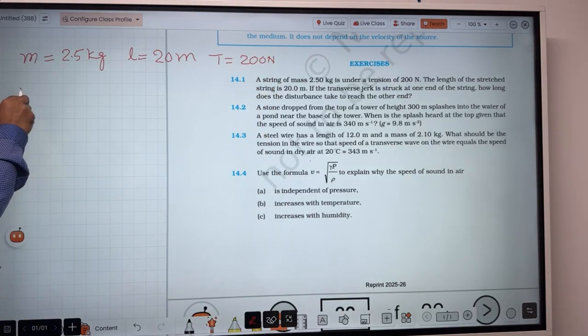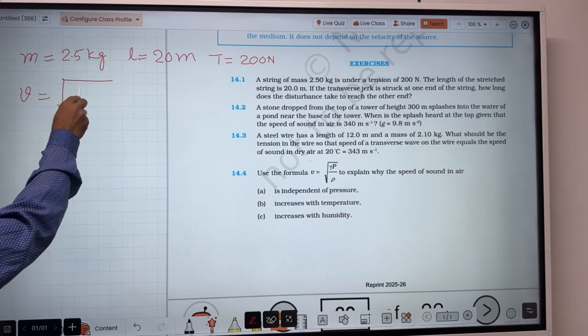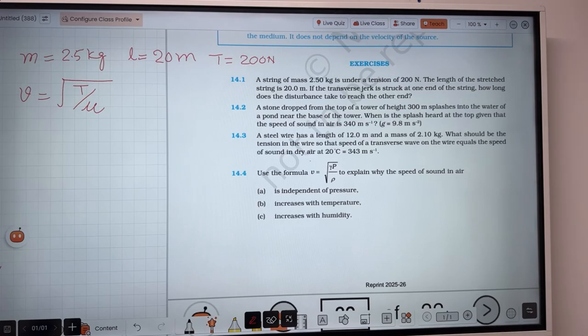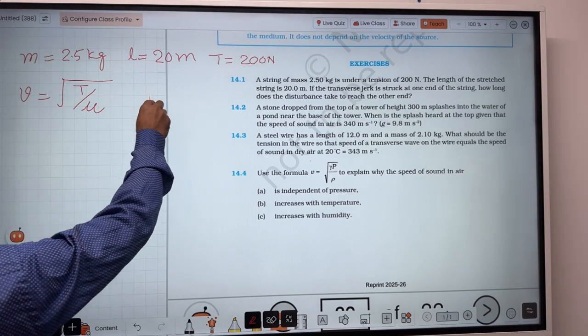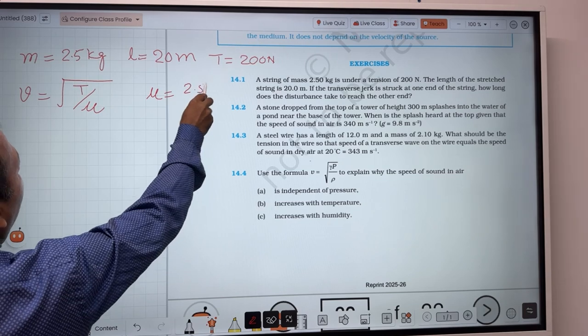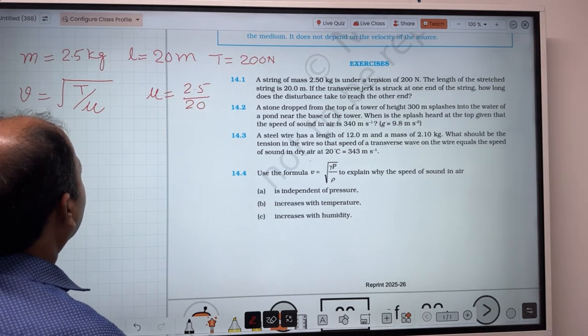Right. Now, if you remember the formula, it is V equal to root of T upon mu, where mu is mass per unit length. So mu is 2.5 divided by 20.